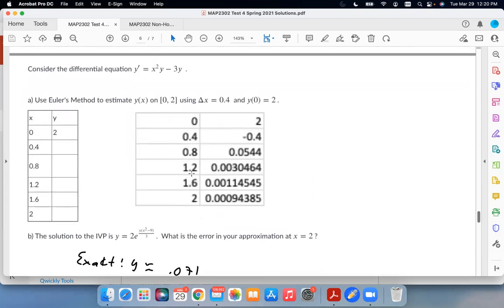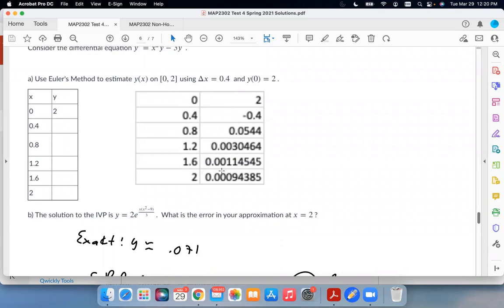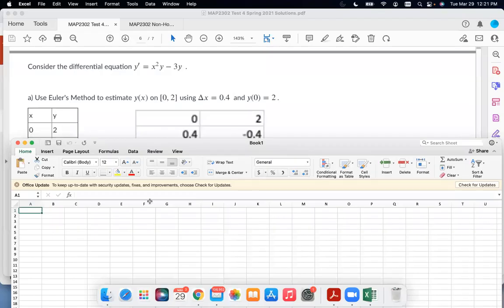Okay, this question wanted us to use Euler's method. So we're given a delta x, an h, and a starting point. So I did this in Excel. Okay, so we can actually do this. Here we'll have our x's and our y's.